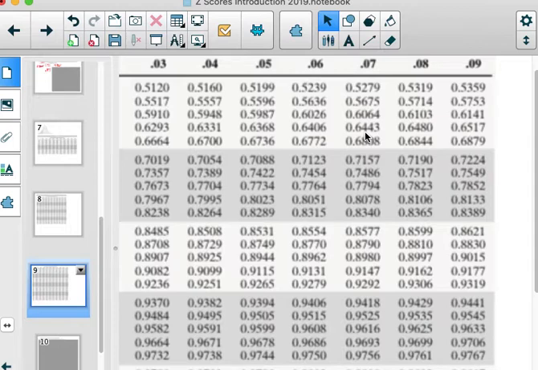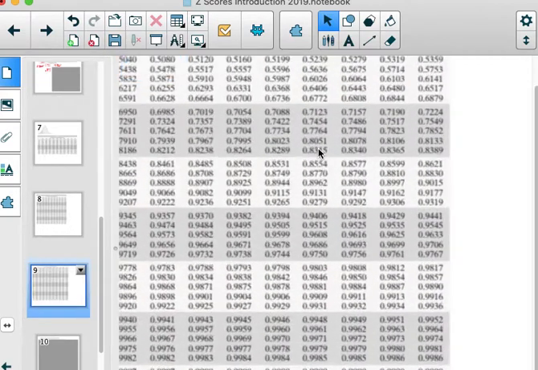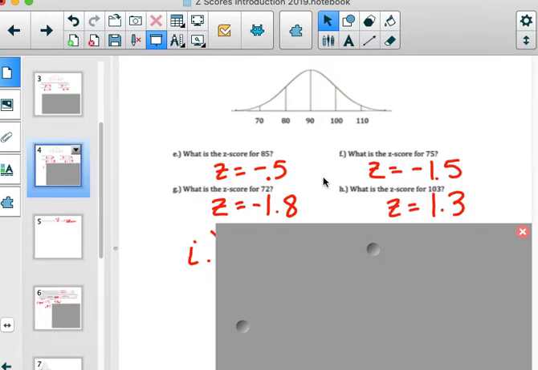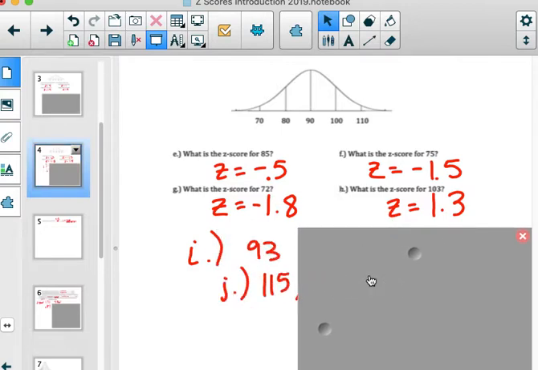So the first thing we're going to do, we're going to go back and practice that z-score equation. And then we're going to come back and practice the table a little bit more. So I want you all to tell me, we're going back to this problem, okay? And I want you to not think about it abstractly. So on your little half sheet, you can just write these over here in this empty space, okay?